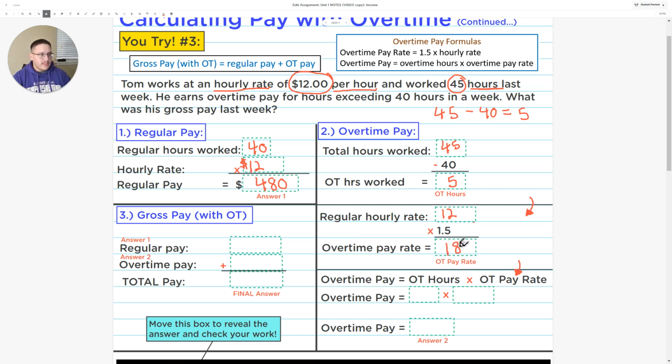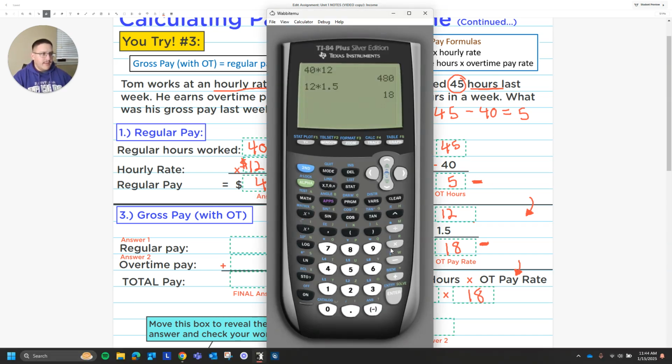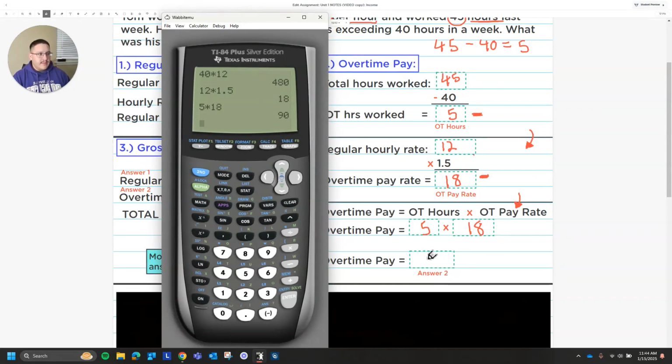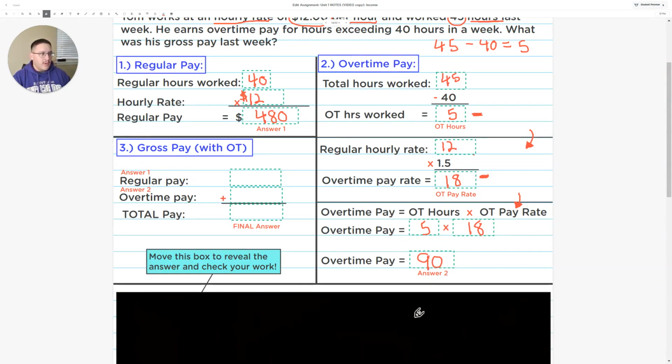$18 per hour. Now, multiplying these two right here, 5 times 18, I believe it's 90. 5 times 18, 90, yes. So this is $90 in overtime pay.